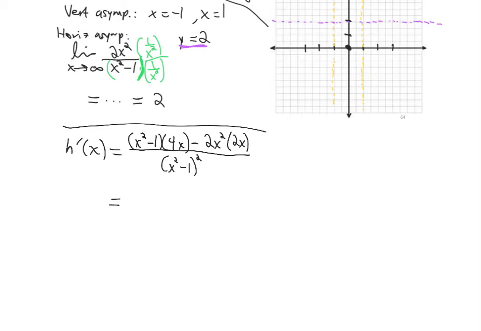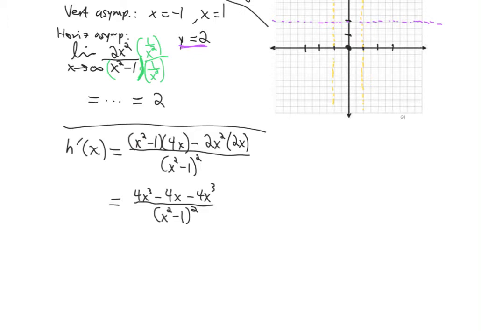So let's see, looks like I'm going to have 4x cubed minus 4x minus 4x cubed all over x squared minus 1 squared. Now I get many questions from you about how much do I have to simplify? Do you want me to simplify more than what I have? Technically, I could just leave it like this if I want to, and I could try to solve for x when I set it equal to 0.